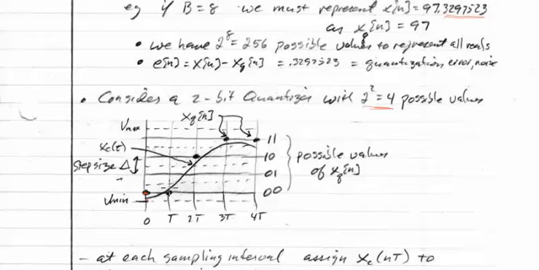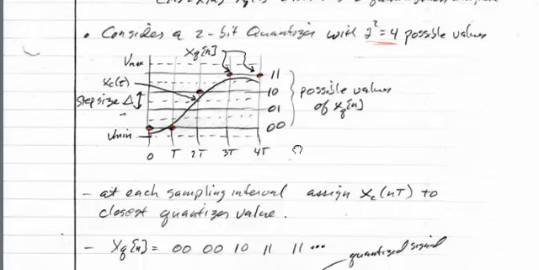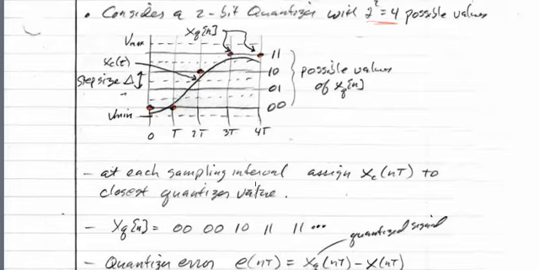The next sample interval, we're going to assign the voltage to that level, again, the 0, 0 level. And then here, the next sample interval, the actual voltage is here, we're going to assign it to that. So this voltage is assigned to this voltage level, this voltage is assigned to that voltage level, and this voltage is assigned to that voltage level. So you can see what kind of price we're paying for being able to put this on a digital computer.